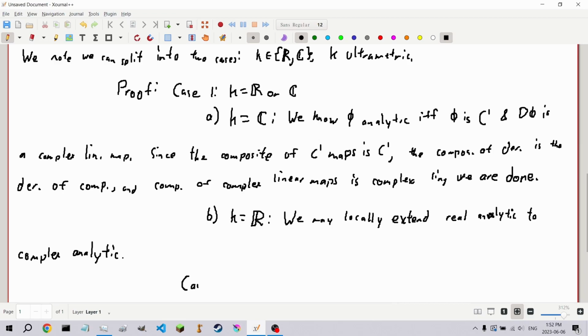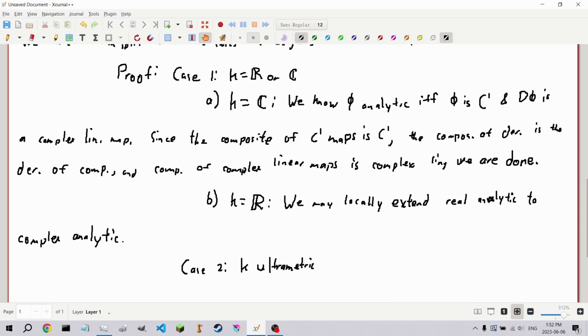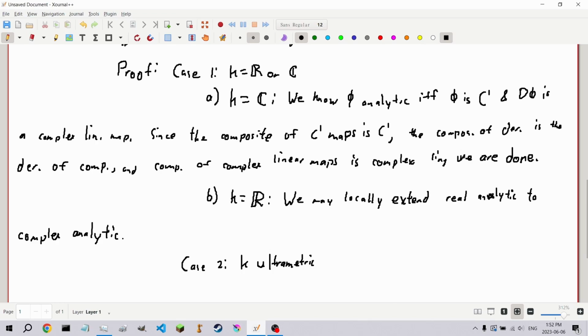Now case 2. Here's where things get interesting. Where our k is ultrametric. Now, as in the original proof, we're looking for a power series expansion of the composite of g and f about 0, with f and g of 0 giving 0.